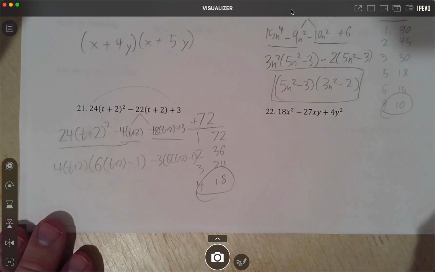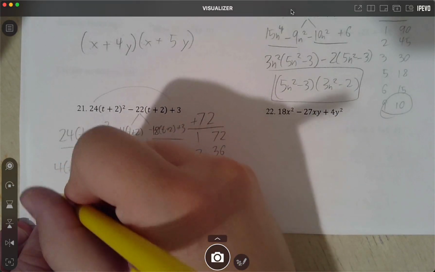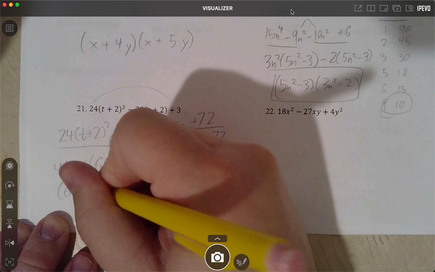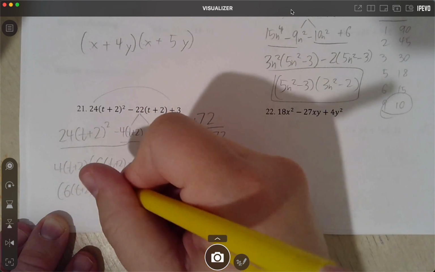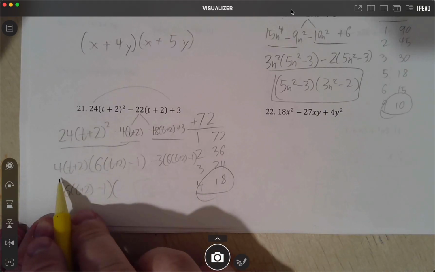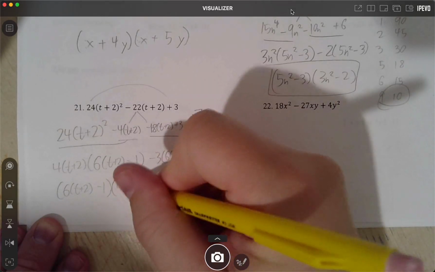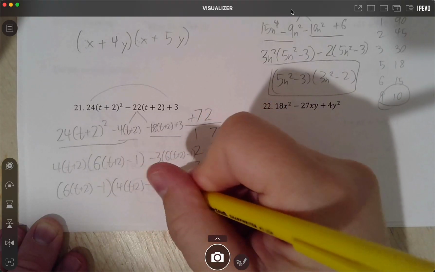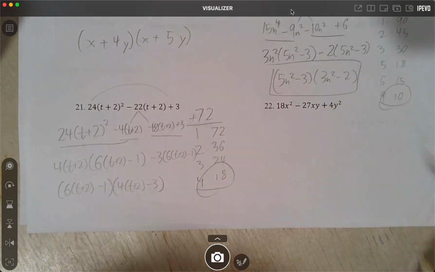But now look at it. What do I have? I have in parentheses a 6 times t plus 2 minus 1. And then what's left over, a 4 times t plus 2 minus 3. And there we go.